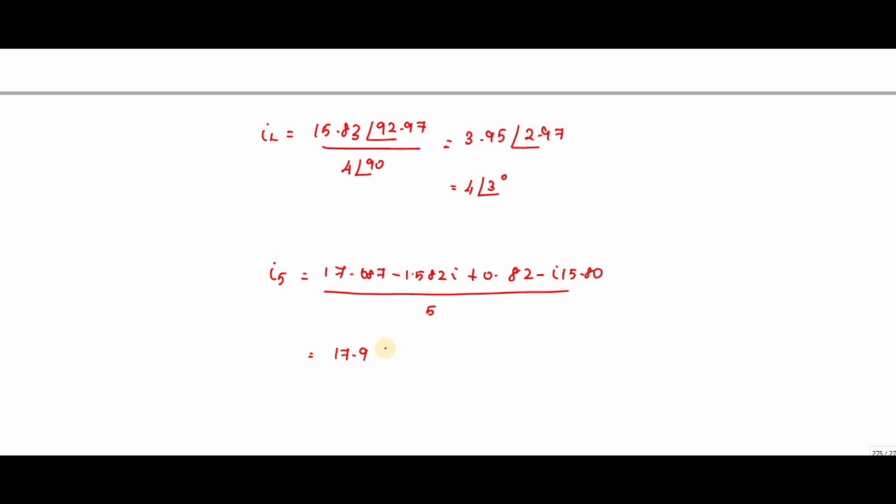Okay, and 15.8, that's 1.582. You get minus 17.32, 35, divided by 5. Okay.